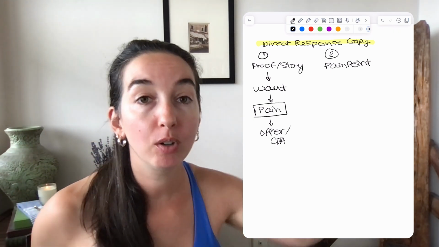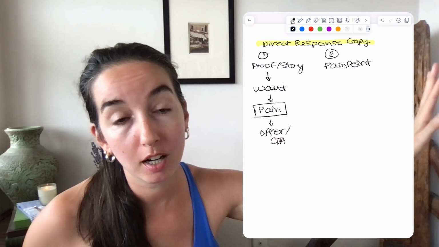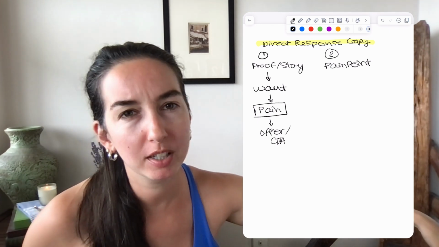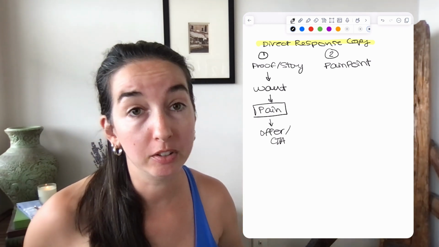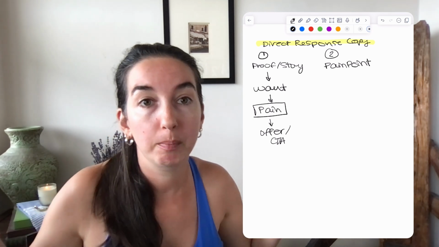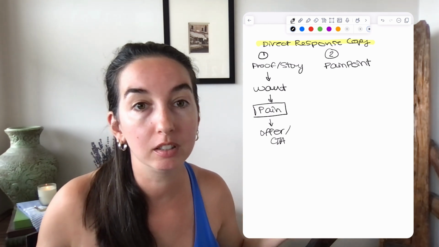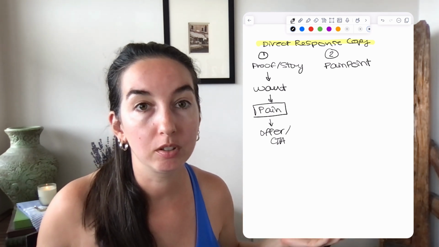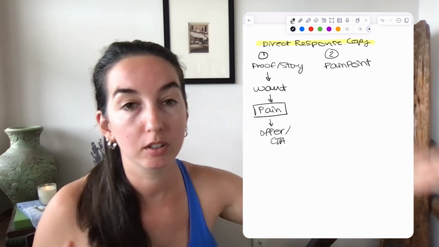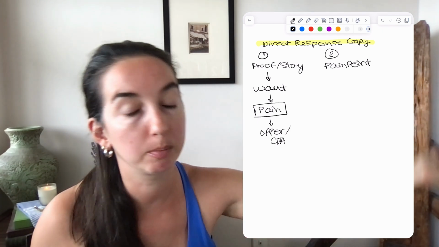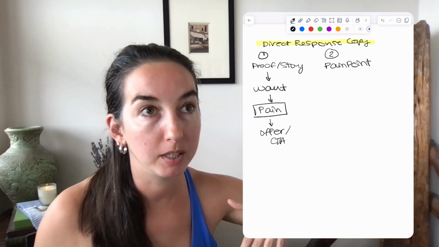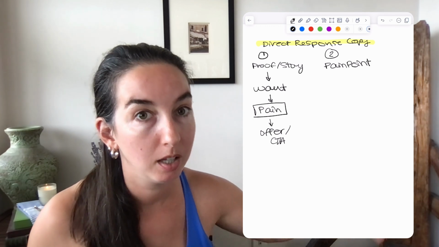And I won't even go into this, but there's some talk of whether talking about pain points is unethical. I don't think so. I think it's just real. You're just talking about people's experience. I don't think it's unethical to tell people the truth. People buy solutions to problems. If they didn't have problems, they wouldn't buy stuff. So you're actually helping them by saying, hey, are you dealing with this problem? I can help you.